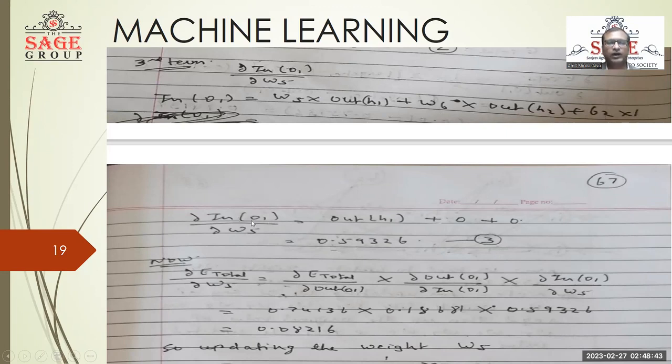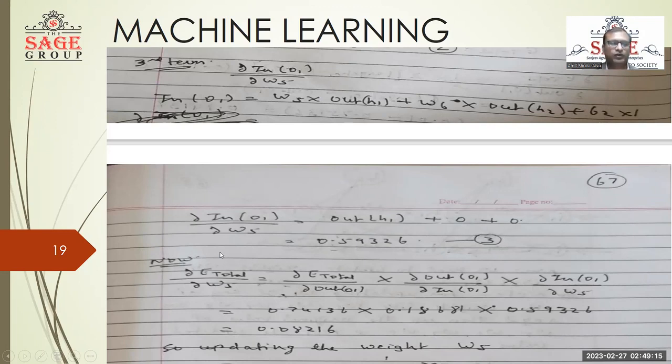When I partially differentiate this with W5, the output will be out H1, because out H2 into W6 will be treated as constant, so it will become 0. And this bias is also a constant, so it will again become 0. So del in O1 upon del W5 is nothing but out H1, and out H1 we already know is 0.59326. So this is my third term.